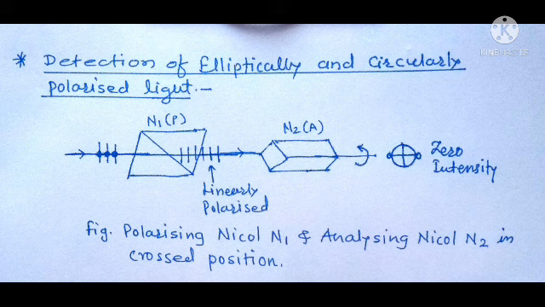Today's topic for the discussion is the detection of elliptically and circularly polarized light. That means how these elliptically and circularly polarized lights are produced and detected.